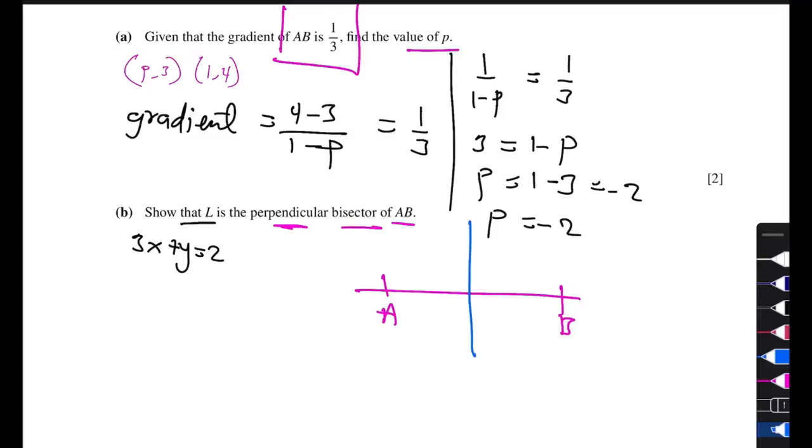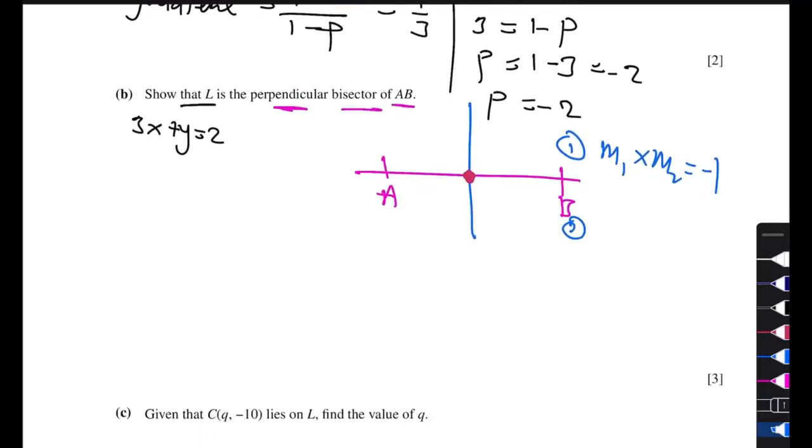There are two things you can do. Number one, you can show that the product of the gradients, m1 times m2, gives -1. Or number two, you can show that the midpoint satisfies the equation of the perpendicular bisector. You can use either to show it.